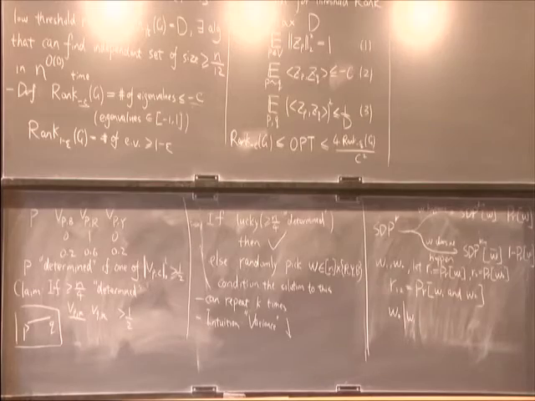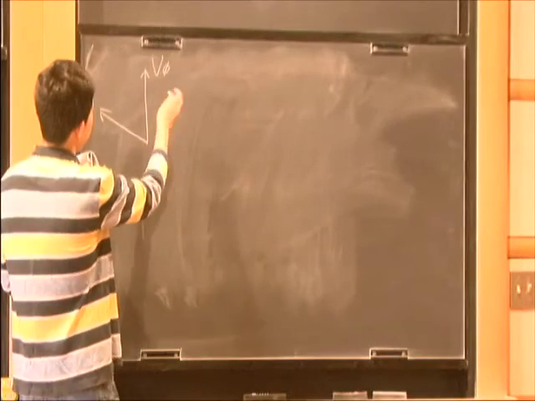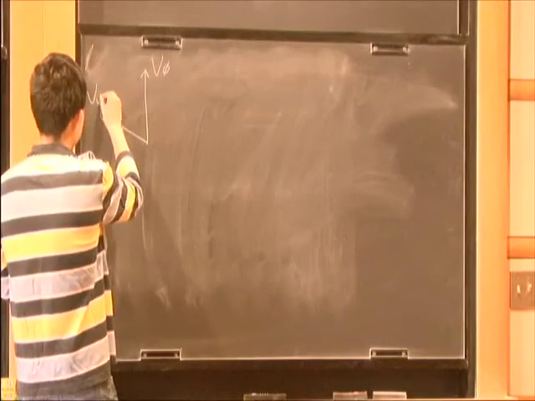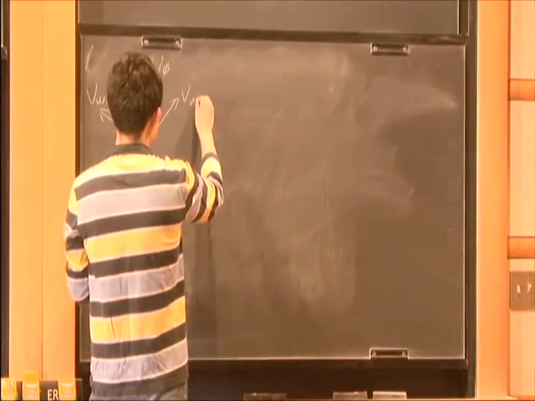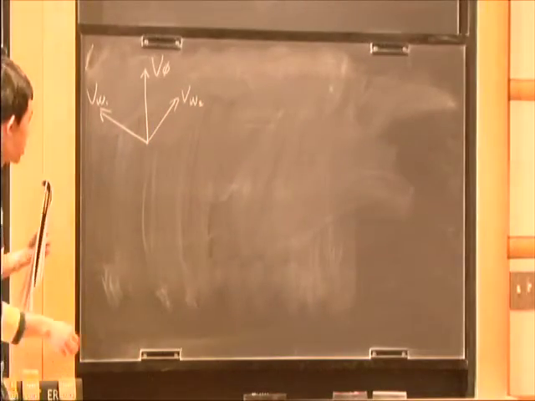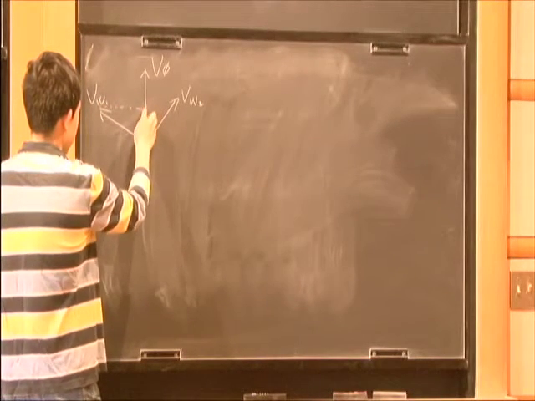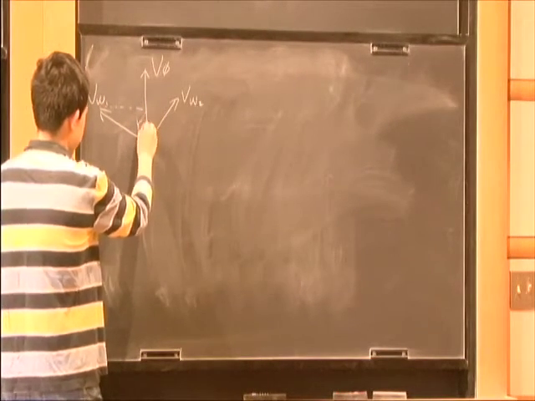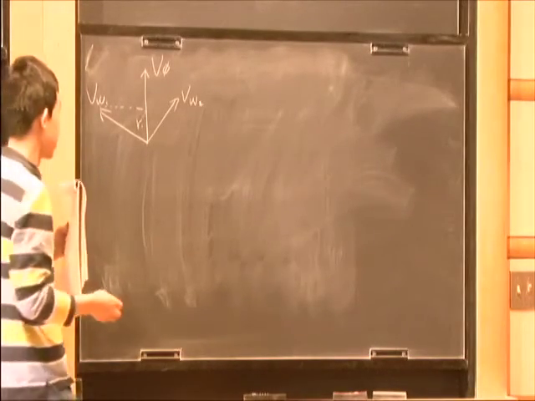So this vector is V0, the unit vector. And we have V of W1 and another vector V of W2. We know this part is exactly R1 because it's a probability.